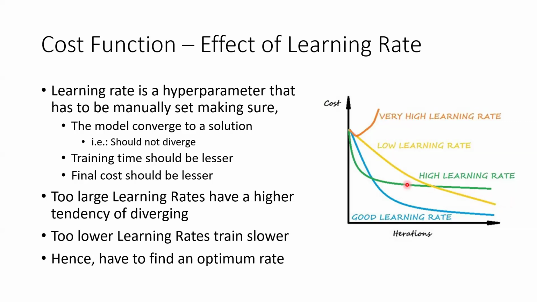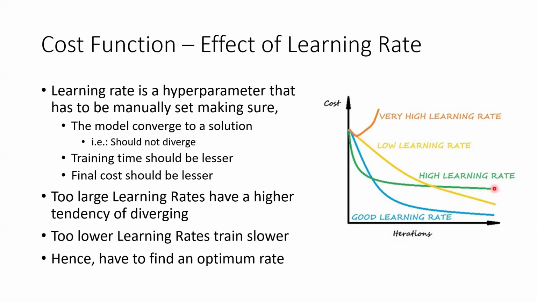And if you take a very high learning rate like the green one, it would try to come to the solution very fast. Unlike the very low learning rate, it would reduce the cost very fast, but after some point, it would not reduce the cost further, because it would not stay at the optimum point. It would run here and there, and that error would remain after you come closer to the optimum point.